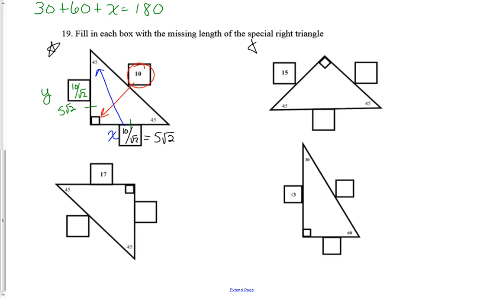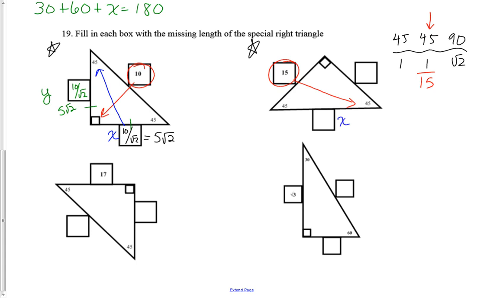I'm now moving on to the top right. This triangle is also a 45, 45, 90. So my ratio is 1, 1, square root 2. First thing I'm going to do is place my number. My number is across from the 45. So I'm going to use one of the 45s, and I'm going to place the 15 to make a fraction. Next, I need to choose a side to be x.